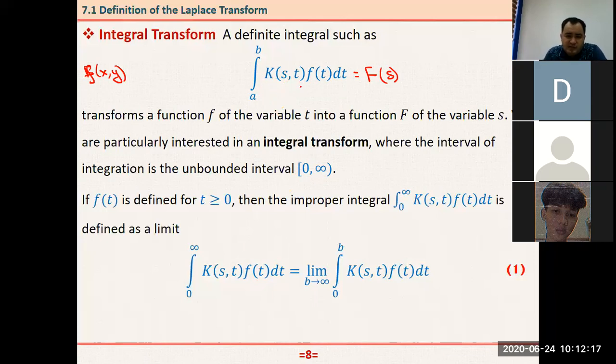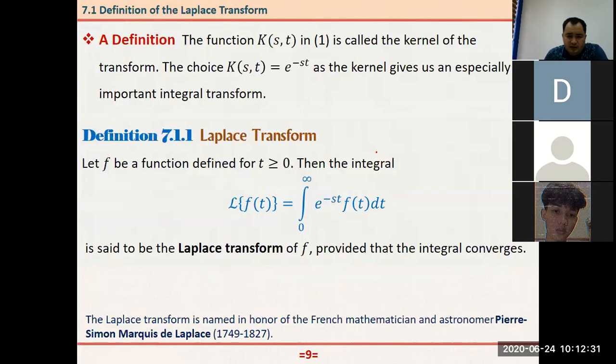All right, now we are going to talk about something special. The Laplace transform is something similar to this. Here we have a function, and now we are going to take that as e to the power minus st, and that is a special transform called the Laplace transform. So now imagine this is the definition of the Laplace transform. Assume that we are given a function f that is defined for all non-negative numbers, that is, on this interval.